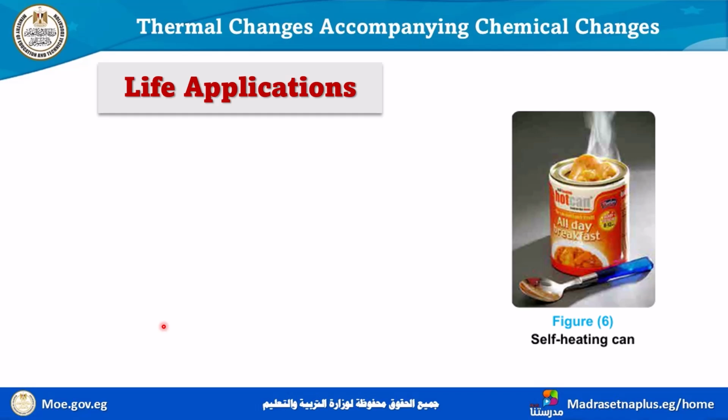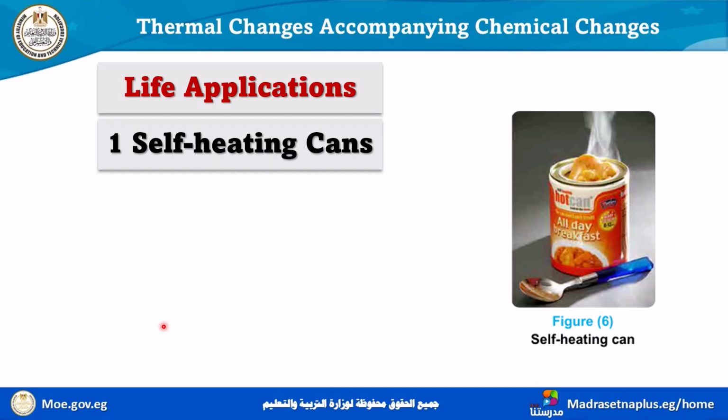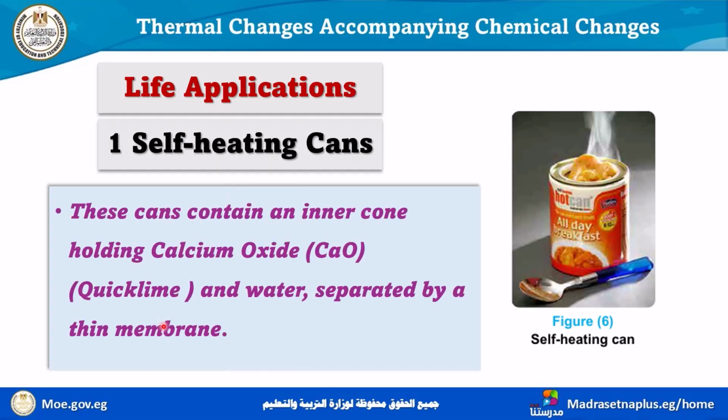The first application is the self-heating cans. These cans contain an inner cone holding calcium oxide, which is called quicklime, and water separated by a thin membrane. The can includes two chambers.